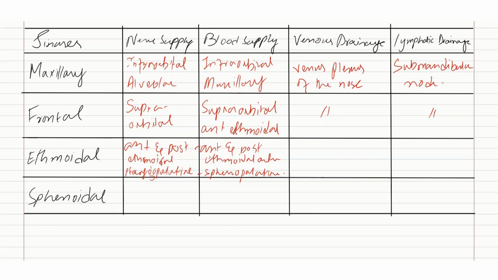The venous drainage is along with these arteries, and the lymphatic drainage: we know that ethmoidal sinus is divided into three portions, anterior, middle, and posterior. So the anterior and middle ones will be drained into the submandibular nodes, and the posterior one will drain into retropharyngeal node.